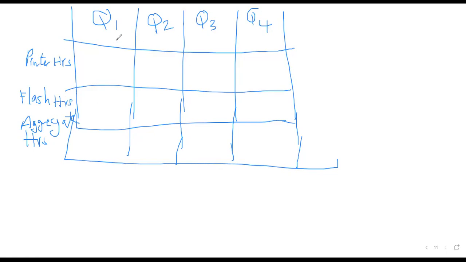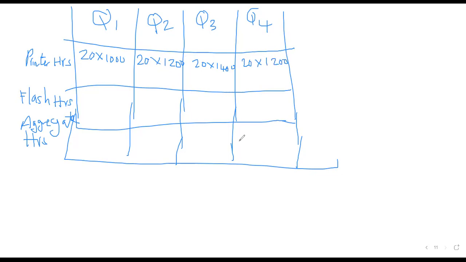So each printer requires on average 20 hours, or 20 multiplied by 1,000, then 20 multiplied by 1,200, then also 20 multiplied by 1,400, then also 20 multiplied by 1,200.